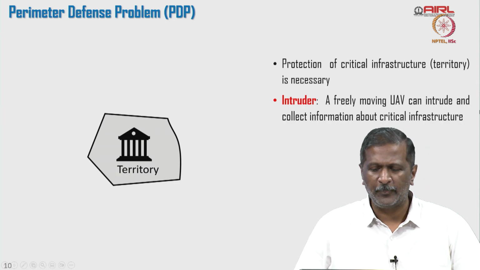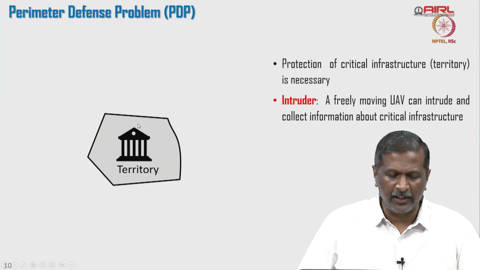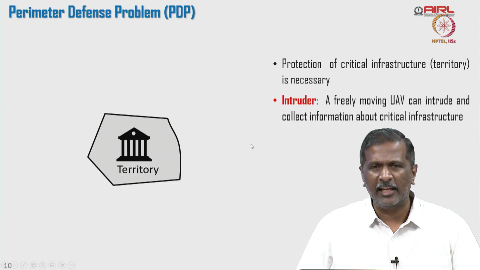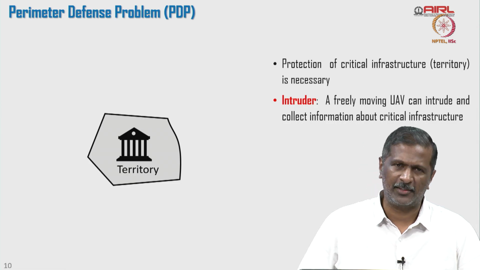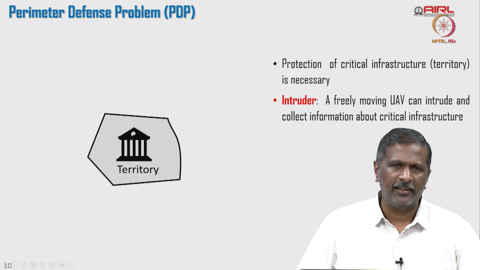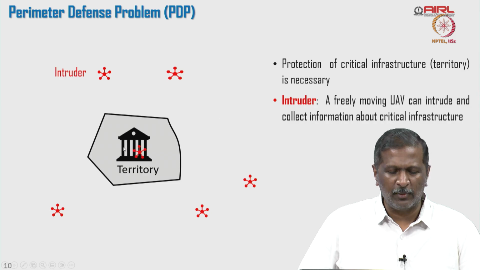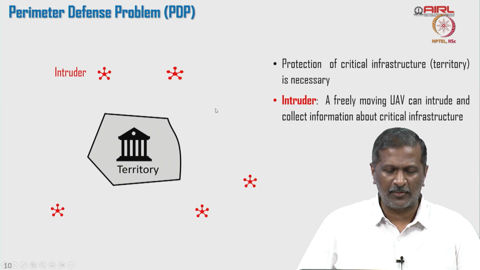What is my intruder? It is a freely moving UAV that can move into the territory to collect information about the critical infrastructure. That is my intruder. Whoever enters the black line is my intruder, right. So, the red one is an intruder, he collects the information, right.